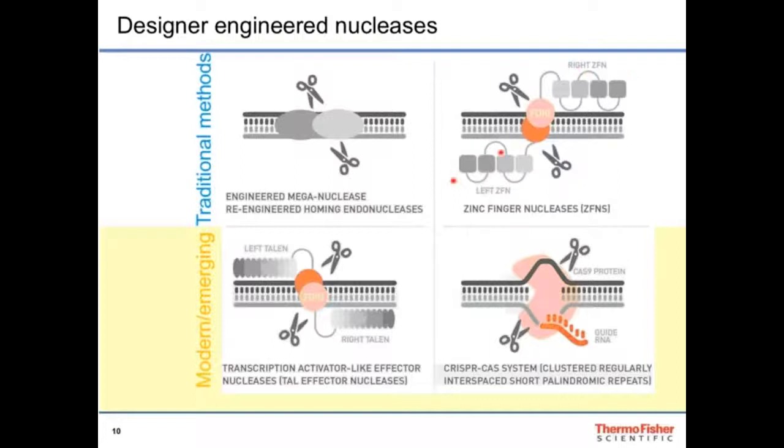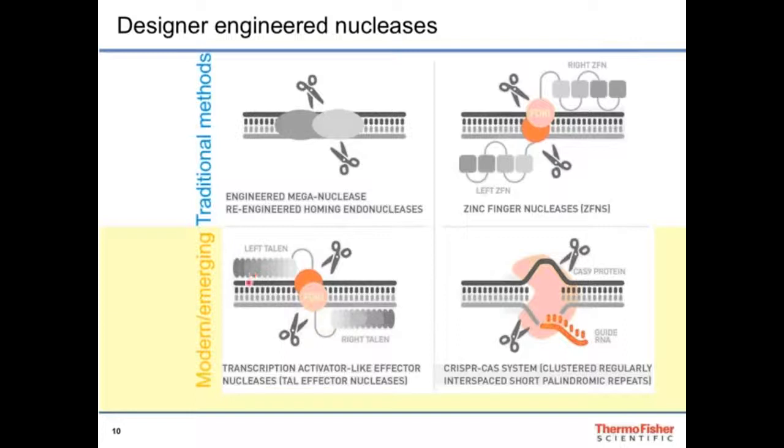If the zinc fingers bind appropriately around the cut site, these domains dimerize and create a double-stranded break. Similarly, with TAL effectors, we bind these in opposing regions of the DNA. They bring along their FokI nuclease and cleave the DNA.